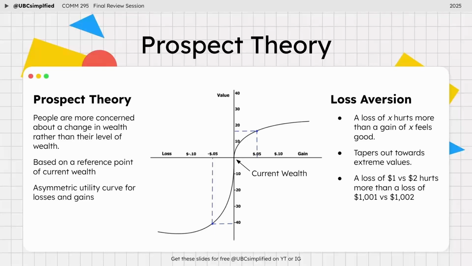This is basically saying that as you get more and more wealth or more and more losses, the difference between $1 or $2 becomes less and less, because your reference point is much different. It's out of that steep range, and then you're risk preferring in the domain of losses, because you see it's the opposite concavity.